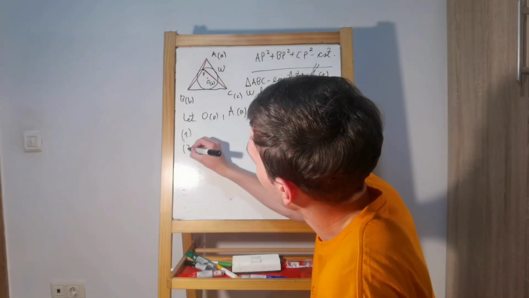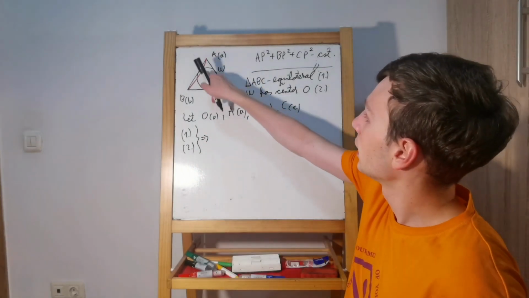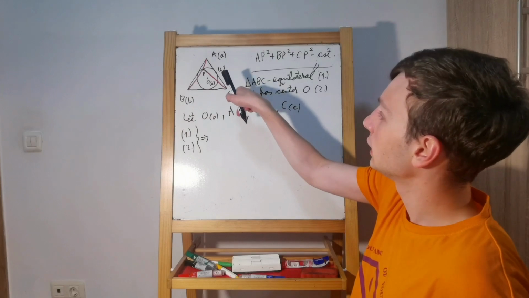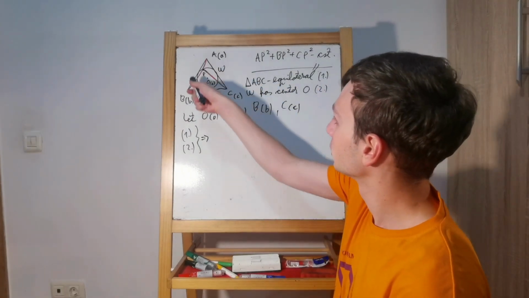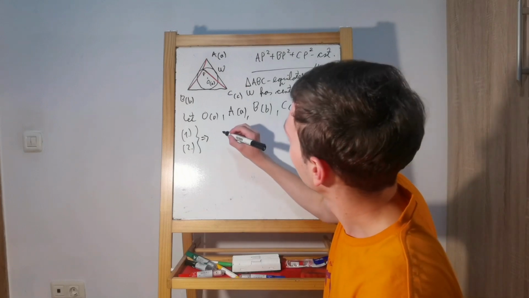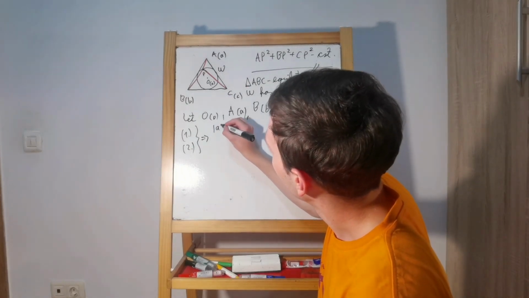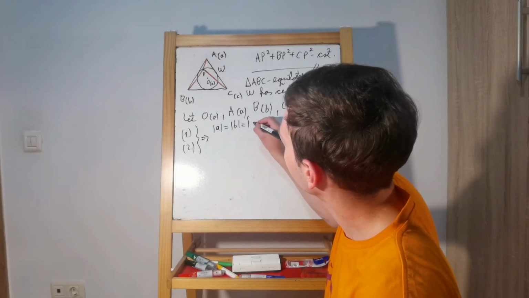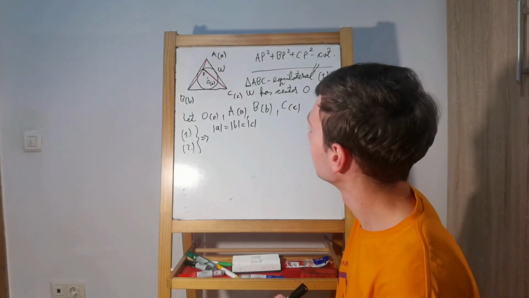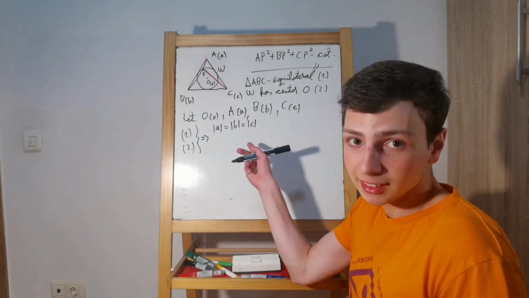So, first of all, let's note that OA, OB, and OC are equal, because this is also the circumcenter of ABC. So we'll write this as A, B, and C have the same absolute value. Now, what is this absolute value?